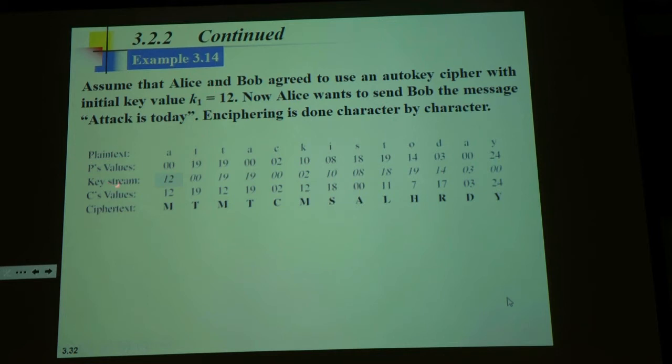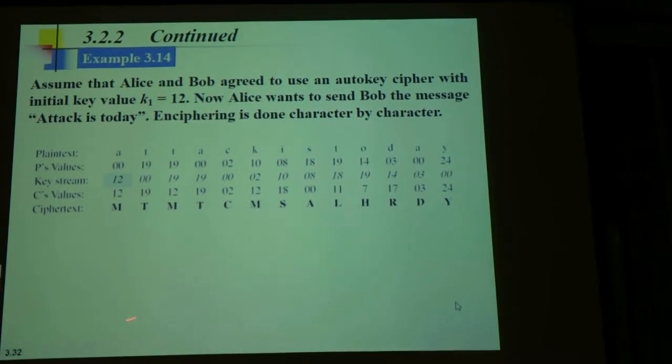Here is the plain text, which you convert to numeric values, A and so on. So A with this key, you add them, modulo 26, will give you M: 0 plus 12, modulo 26, is M. T is 19.